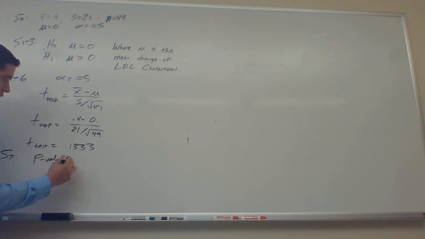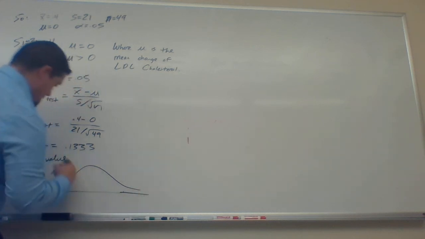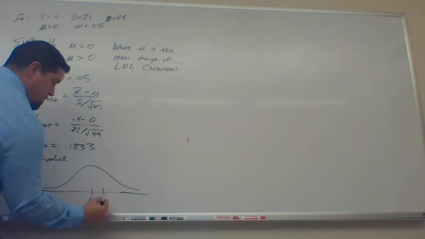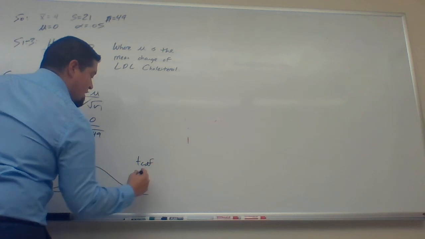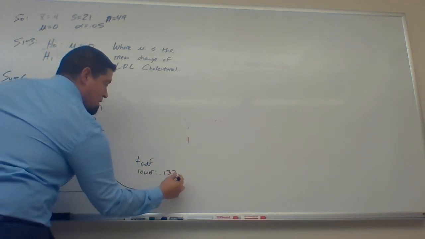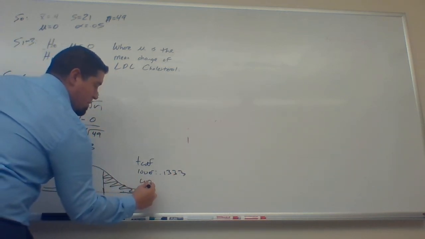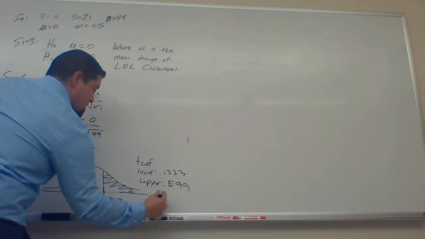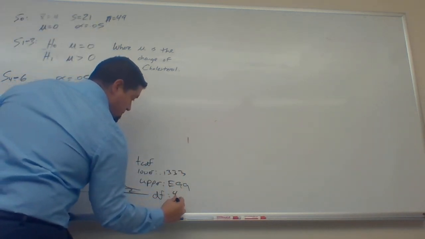Part of step 6 or step 7 would now be the p-value. Calculate the p-value, which, since this is a right tail test, with the t statistic 0.133 here. I'd want to use tcdf with the lower bound at 0.133 and, since I want the area to the right, the upper bound at infinity, with degrees of freedom of 48.